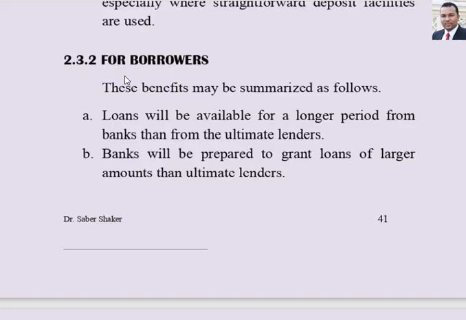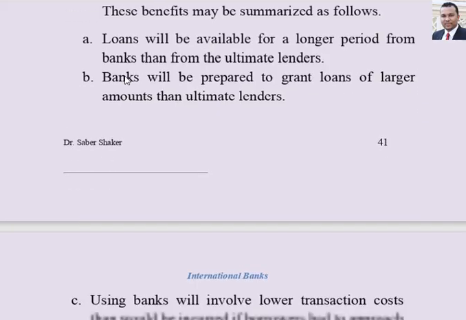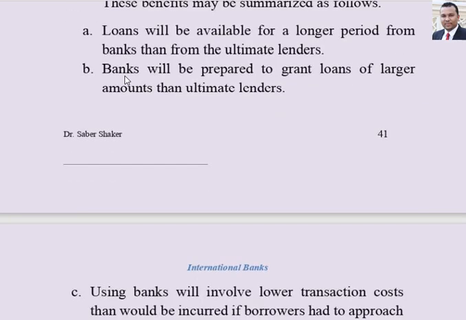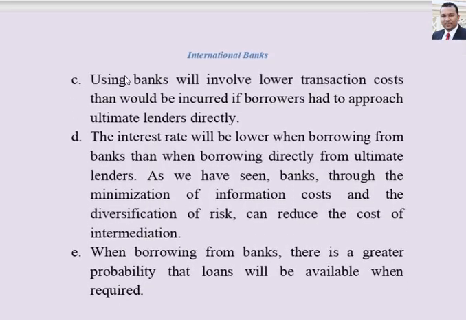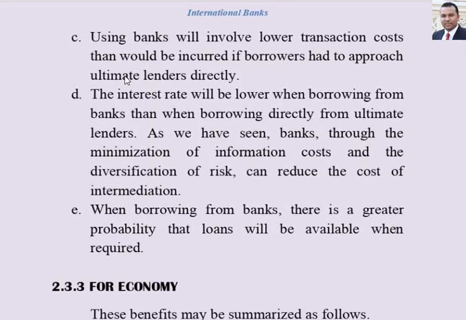Number two, the larger size of the loan. In this case, you can get a loan in a large amount compared with any ultimate lenders. Number three, lower transaction costs. And number four, lower interest rate.